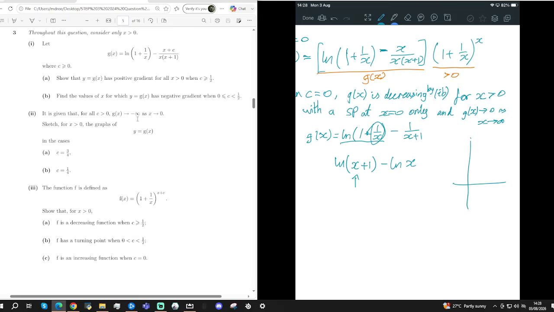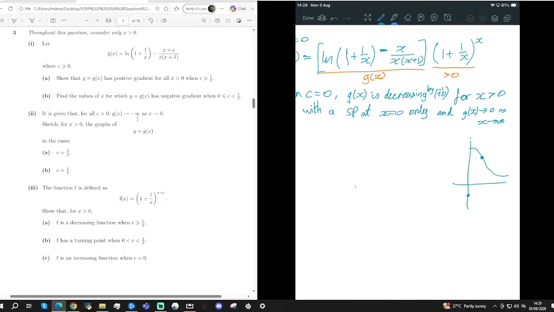Really, I'm trying to show that the g of x graph looks like this. Now, if I just sub in any value and show that it comes out to be positive, is that enough? If I show maybe this point here comes out as positive, I think it is actually enough, because then we have a graph that has a maximum, it has a positive value, and it's tending towards the negative infinity.